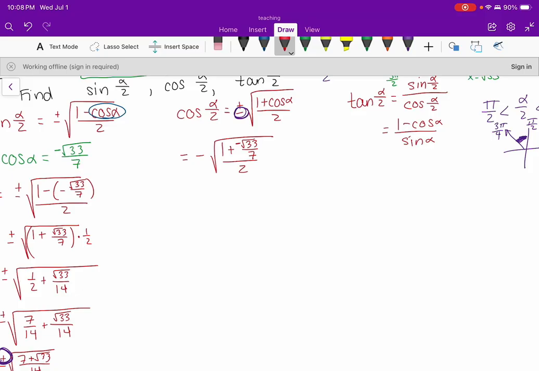Don't forget your negative right there for that negative square root 33 over 7. So I get negative square root of (1 minus square root 33 over 7) divided by 2.